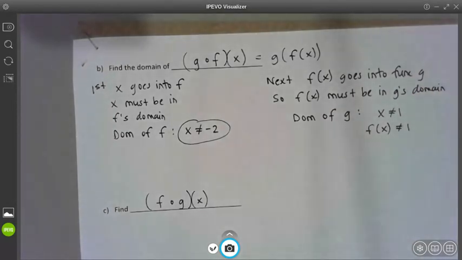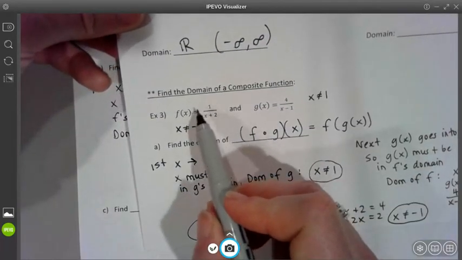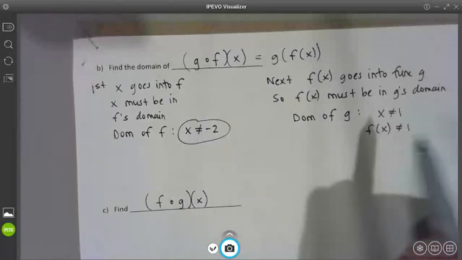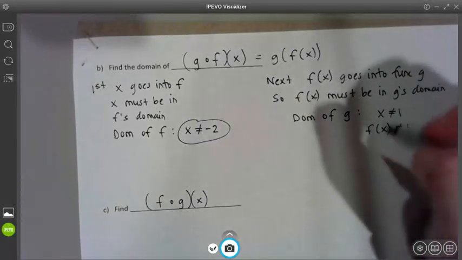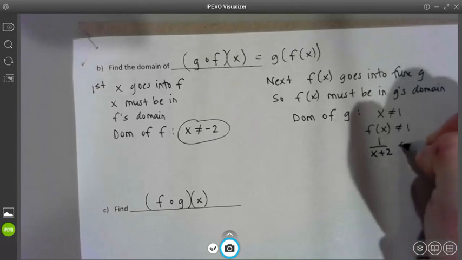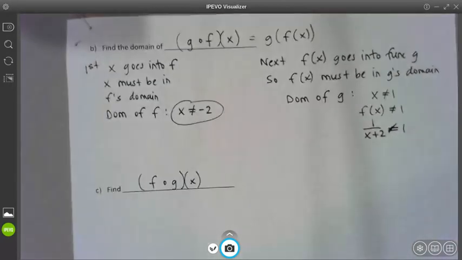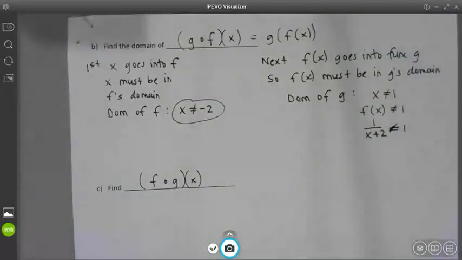And who is f of x? f of x is 1 over x plus 2. We want to make sure that 1 over x plus 2 never becomes a 1. All right, so now let's solve for what x value makes function f become a 1, because that's really the x value that we never want to use in this composition function.